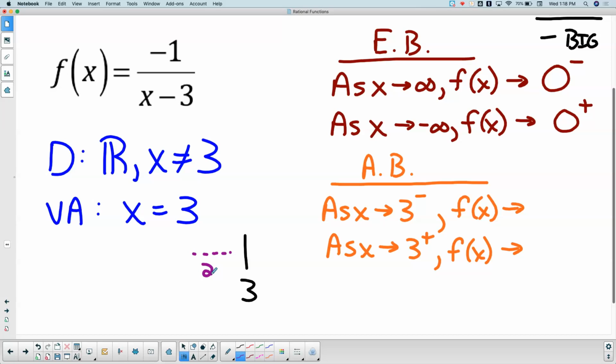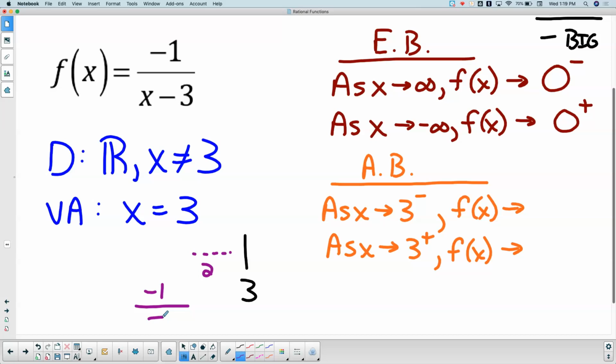So -1 over, what's 2 minus 3? Negative. So anything on the left is going to have a negative denominator. That's going to be positive, because a negative divided by a negative is positive.